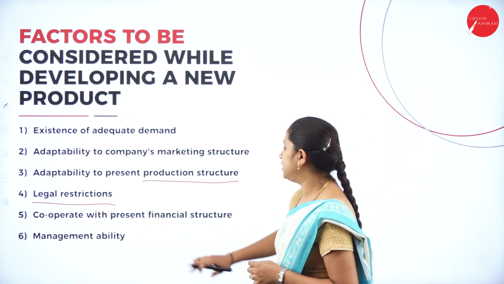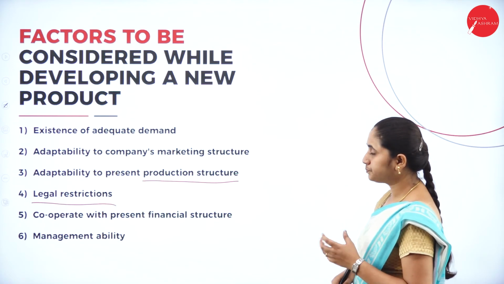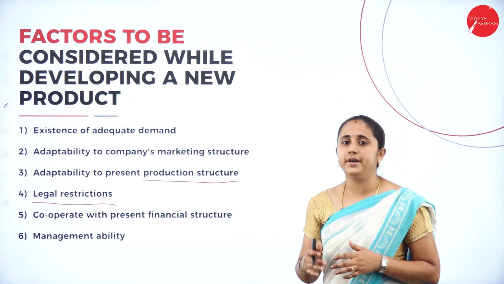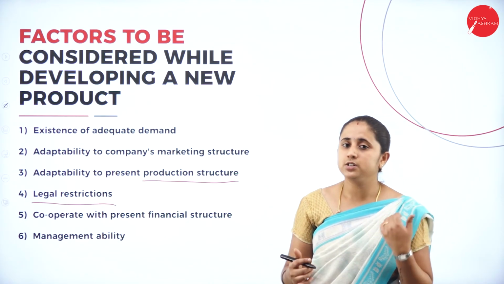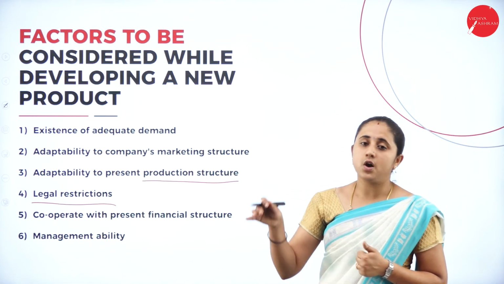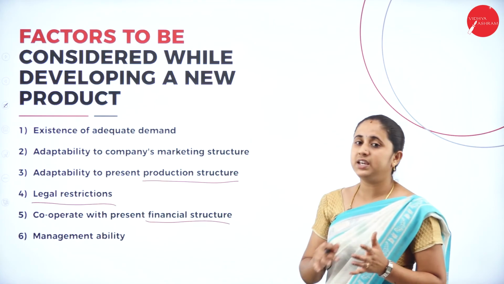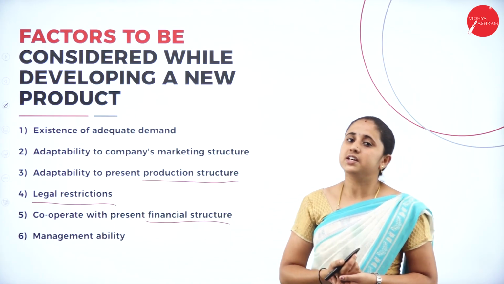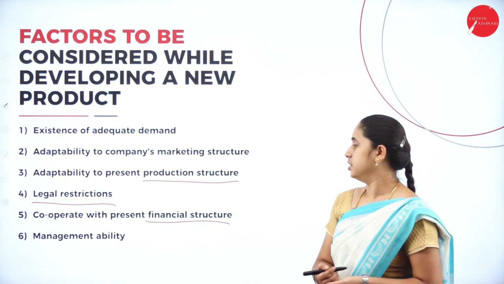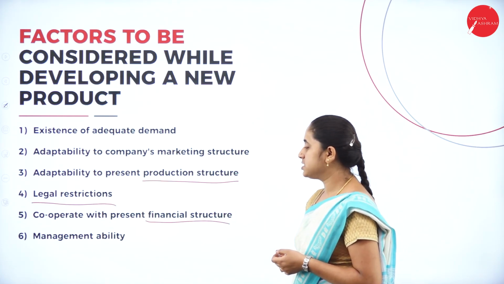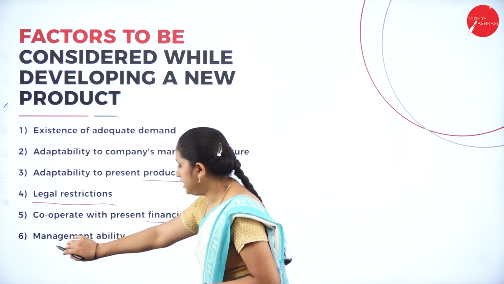Next, cooperate with the present financial structure. To produce a new product, to enter into a new market, you need finance. So you need to concentrate on the present financial structure. Your company should be in the position to offer such finance for the new production. Then management ability.